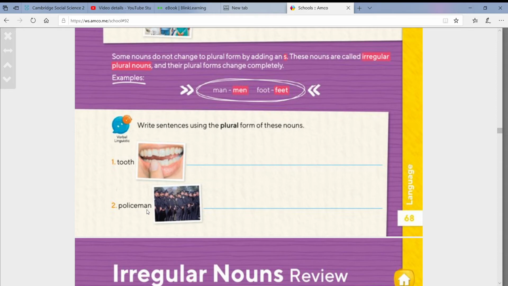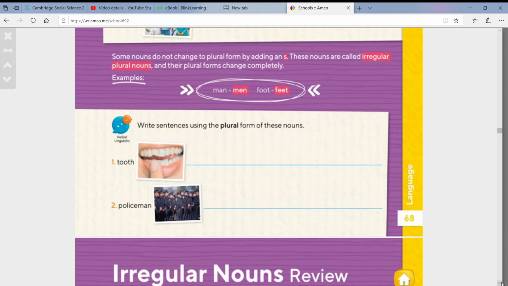We change the A for an E. So we can write, I can see two policemen, for example. Okay, and again, if you want to be creative and write your own sentences, that's fine. You go ahead and do that.